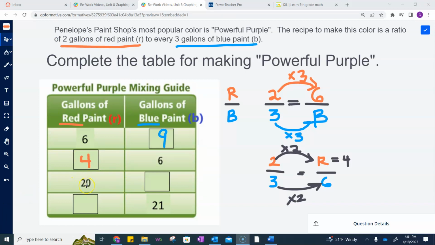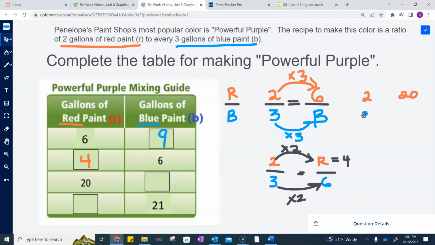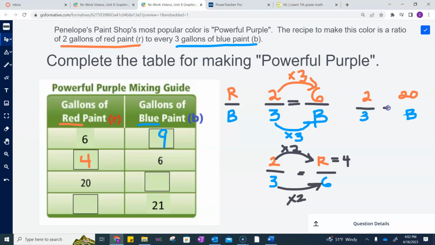And now I'm looking at the 20 gallons of red. So I'm going to set up my 2 gallons from my recipe, and I'm scaling it up to 20. And I have my 3 gallons that they gave me from the recipe, and I need to know how many gallons of blue do I need to keep that Powerful Purple shade coming.